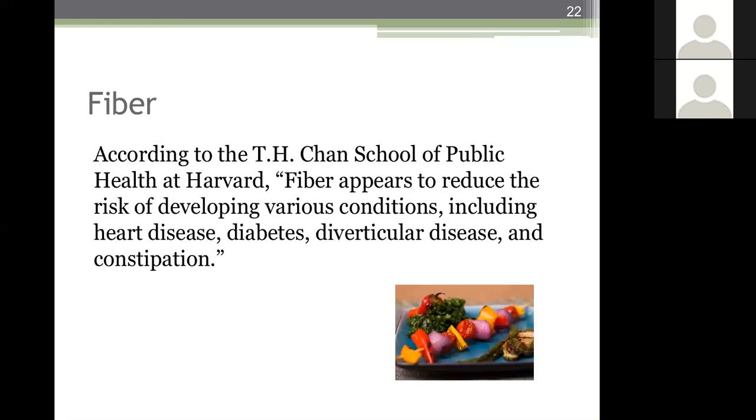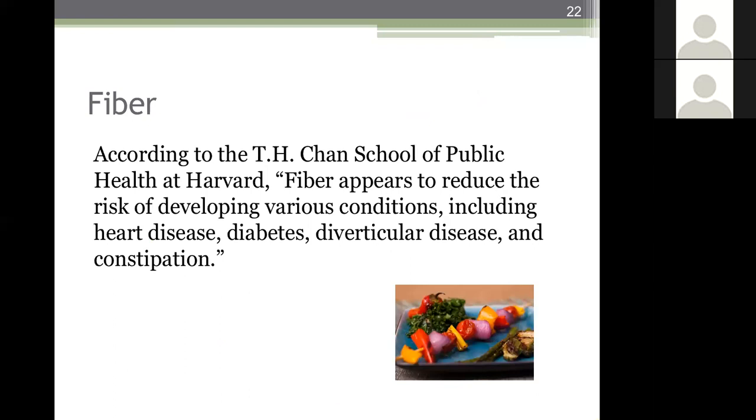There is new information now about fiber being important for healthy blood pressure. Part of that is probably because fruits and vegetables contain a lot of potassium, which helps support healthy blood pressure as well. Fiber is one of my favorite topics.